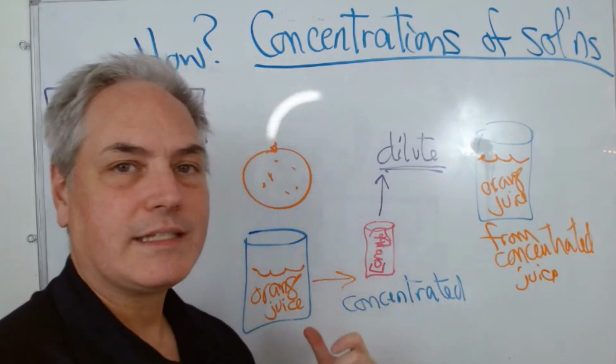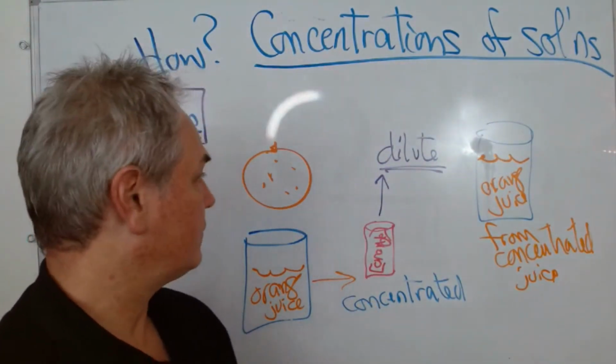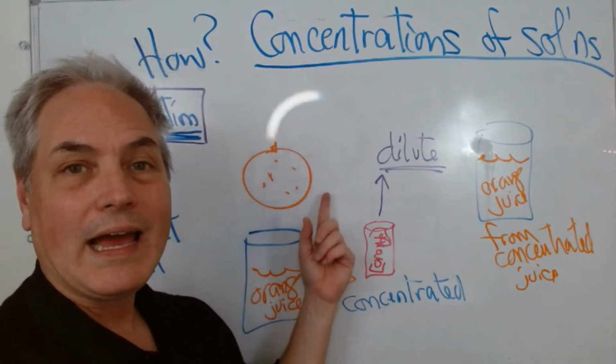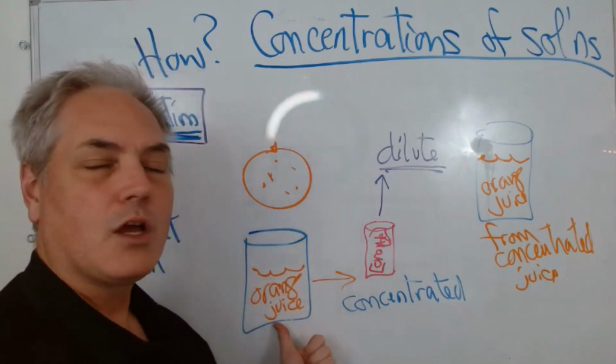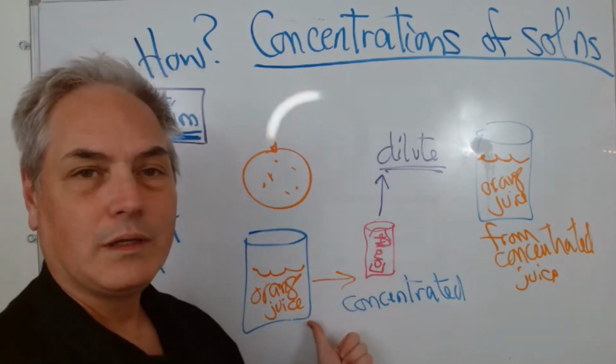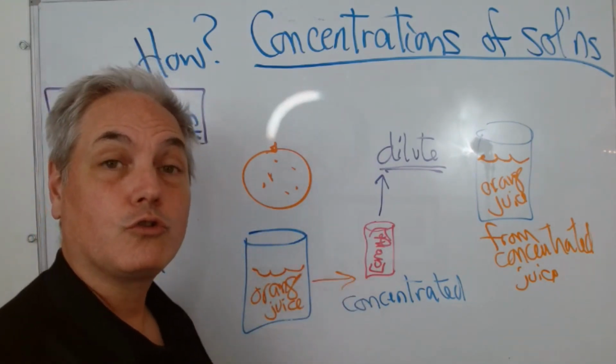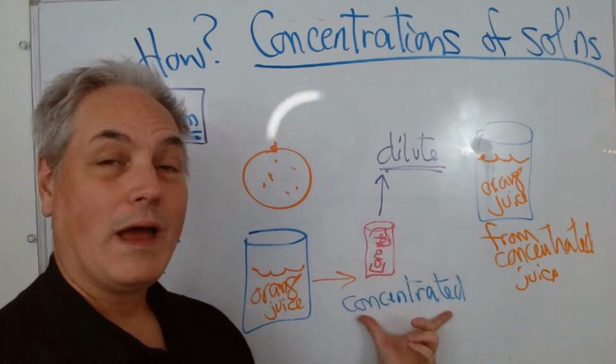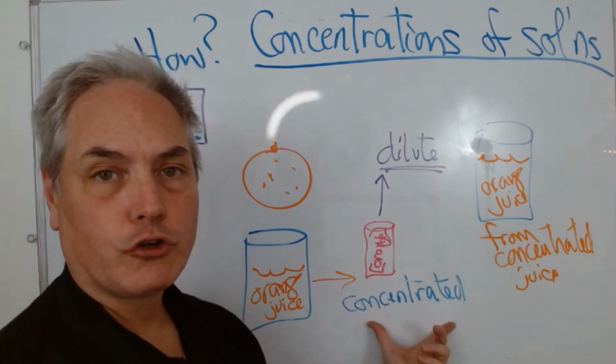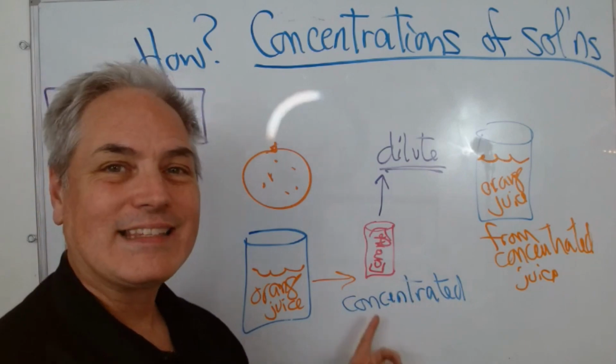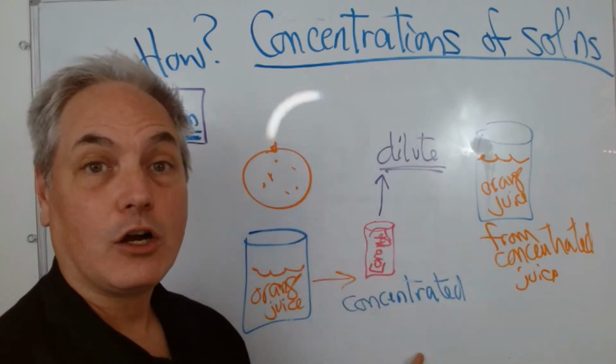So this is a process I'm trying to explain to you. When we have, for example, the fruit, we press the juice, we evaporate the juice to let the water go, to have a higher concentration of the sugar, the citric acid, and all the good things in the orange.